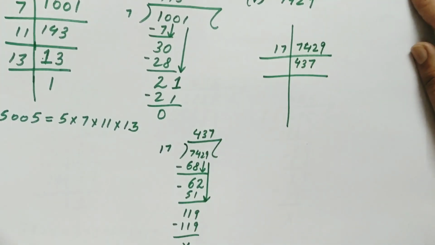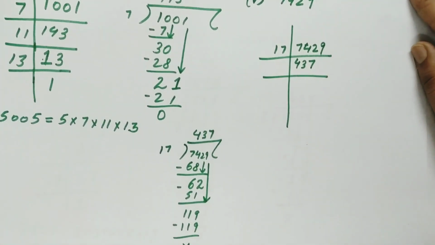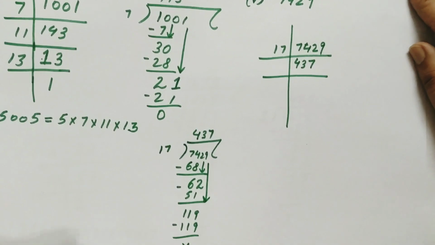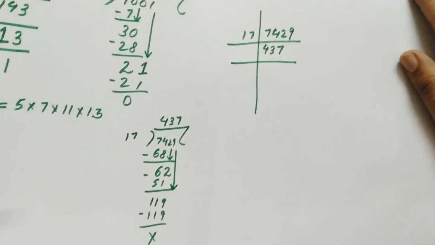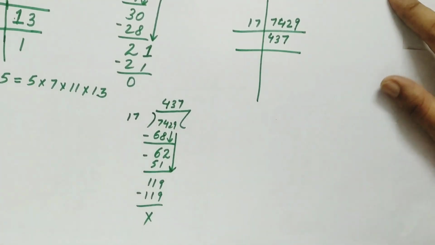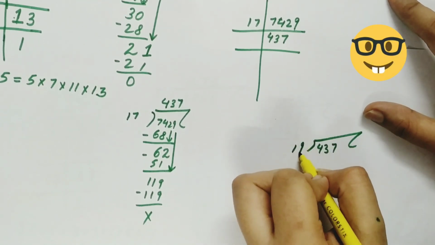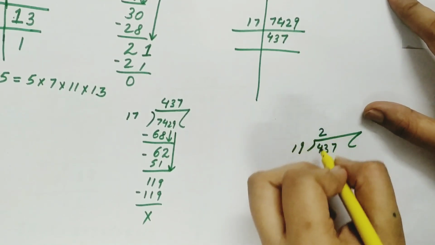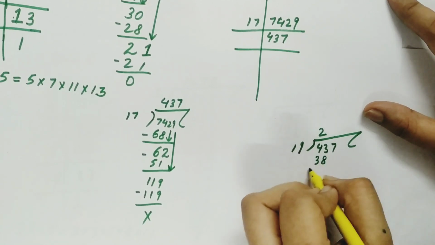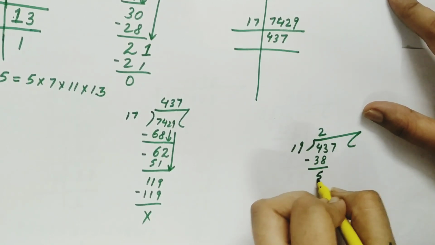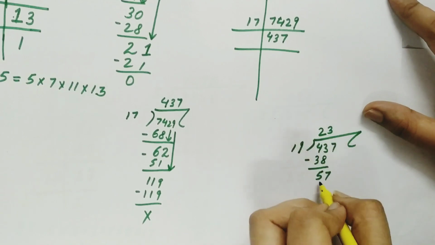Now 437 is divisible by 19. Again, either learn the divisibility rule of 19 or keep doing the hit and trial method. So 437 divided by 19: 19 twos are 38 and 19 threes are 57.